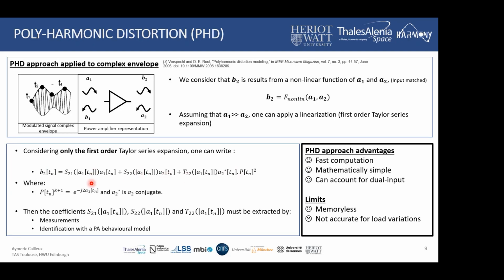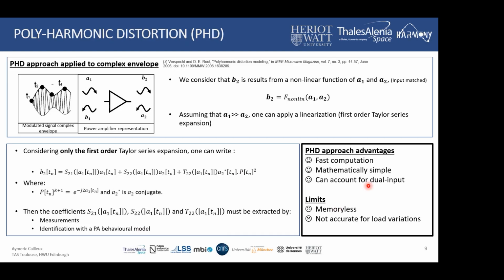We also have some coefficients, S21, S22, and T22. These are not S parameters, because as you can see, they depend on the input power. And then these coefficients can be extracted by measurements or by identification with power amplifier behavioral model, and I will tell a little bit more about that later.